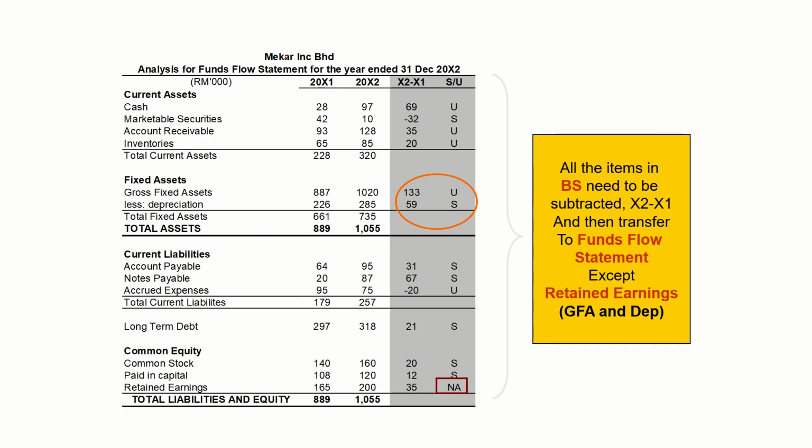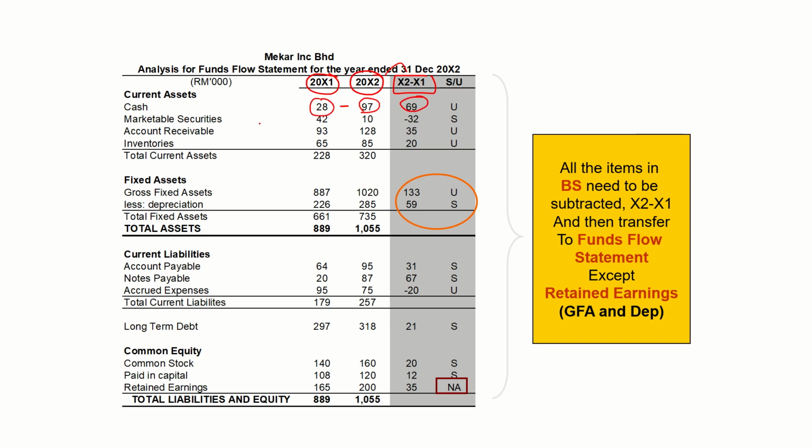We take the balance sheet for 2 years, which means we need to deduct 2022 minus 2021. So for this example, X2 refers to 2022 minus 2021. 97 minus 28, we get this figure.